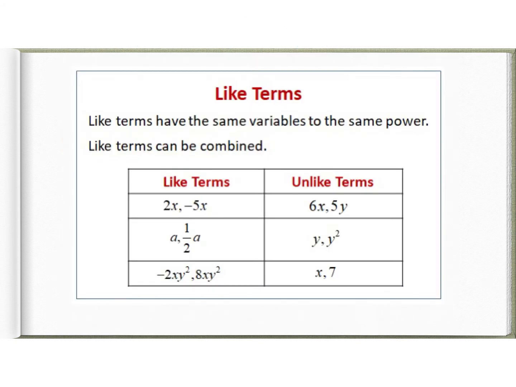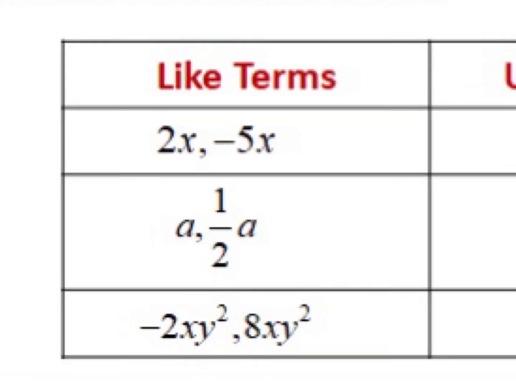All right. So next we're going to look at like terms. Like terms have the same variables to the same powers, and like terms can be combined. So looking at my like terms here, I see I have a 2x and a 5x. These are like terms because they have the same variable here, x and x.